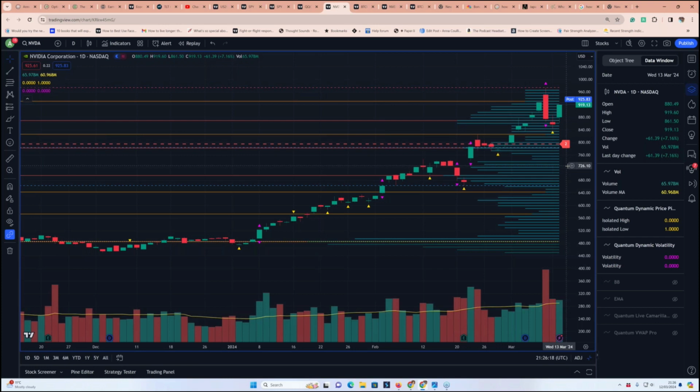Nvidia being Nvidia, and today's not terrible news on the CPI, what has actually happened is we have had an up candle with good volume, and you could say that we are seeing this very typical reversal pattern, this three candle reversal.